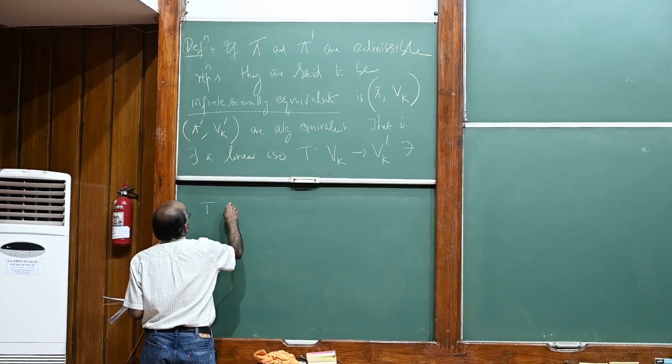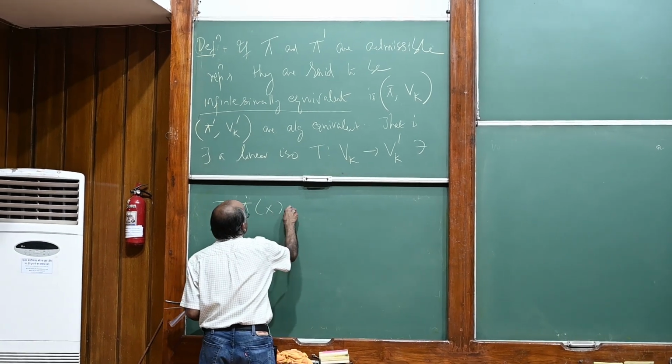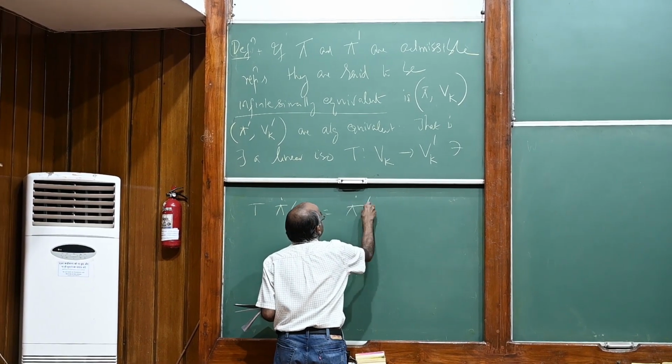So T is the usual intertwining operator, okay? So T phi dot x equal to phi prime dot x.